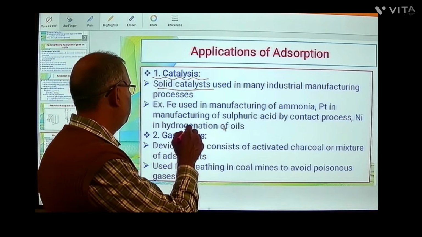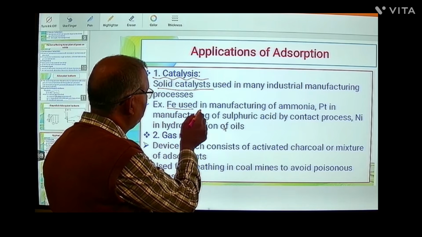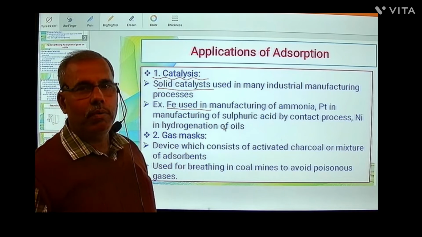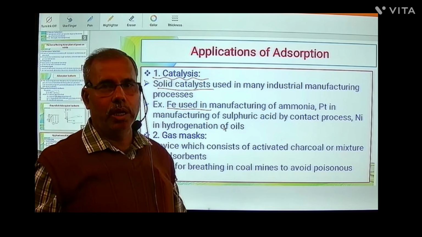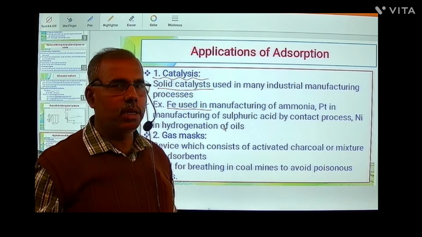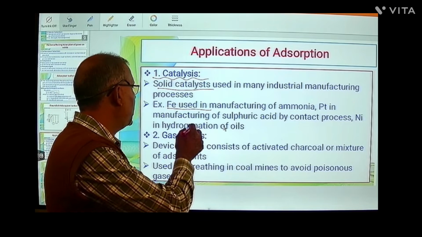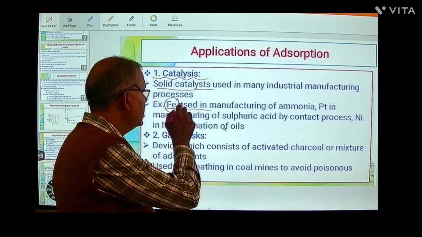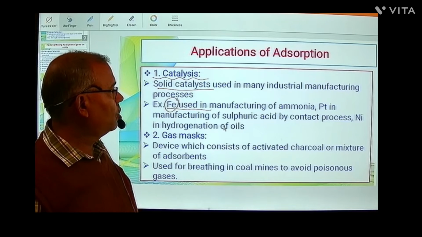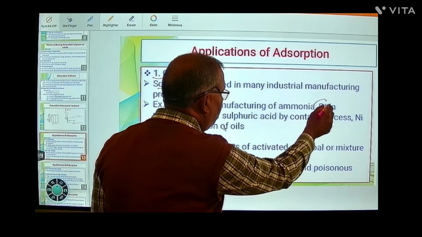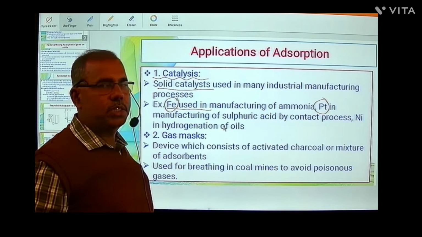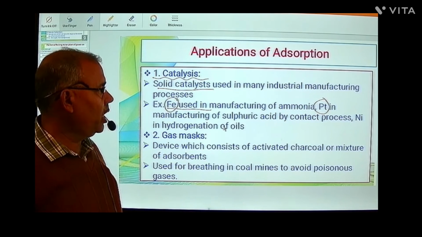An example is given here: iron, Fe, is used in the manufacturing of ammonia, NH3 gas, as a solid catalyst. Then platinum is used in the manufacture of sulfuric acid, H2SO4, by the contact process.